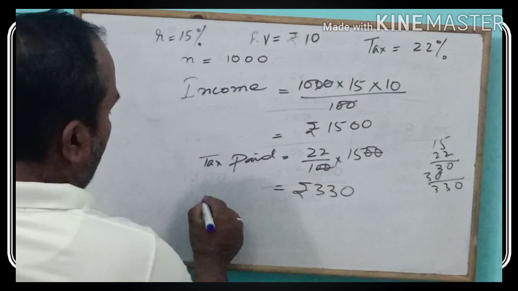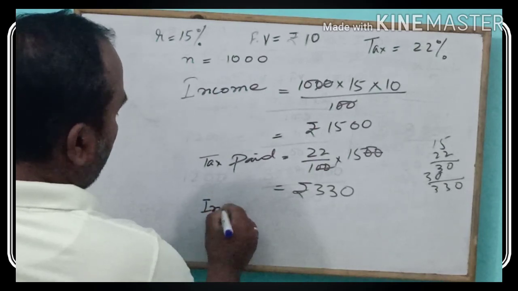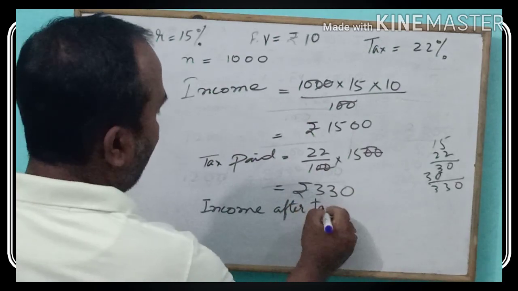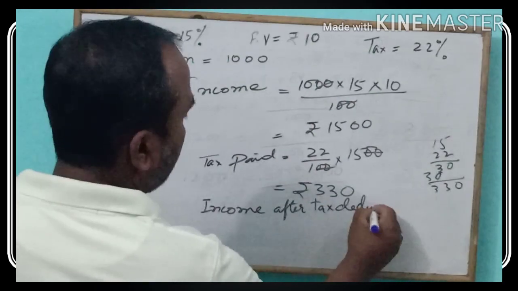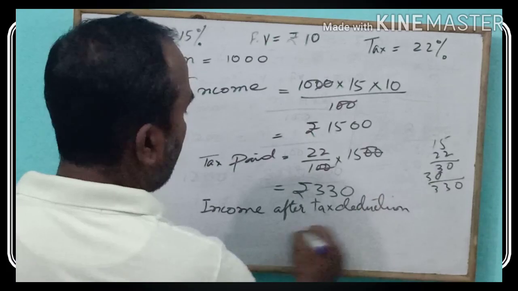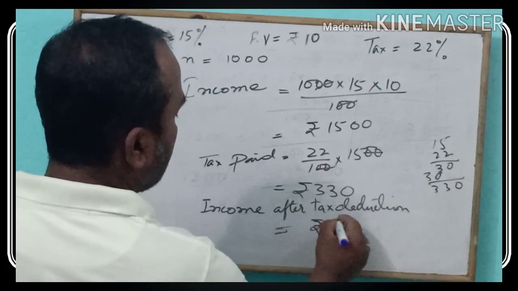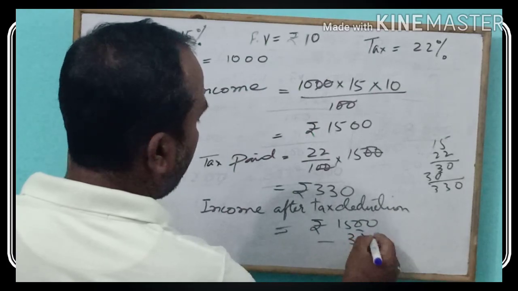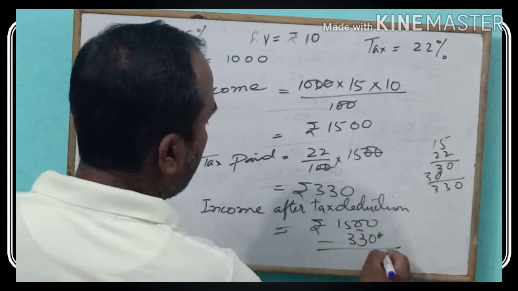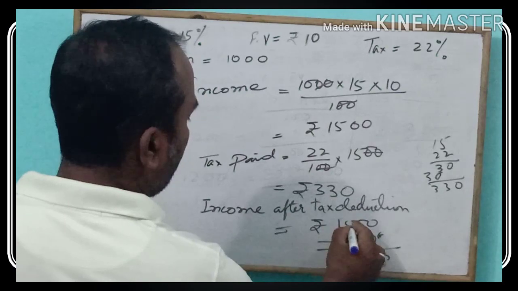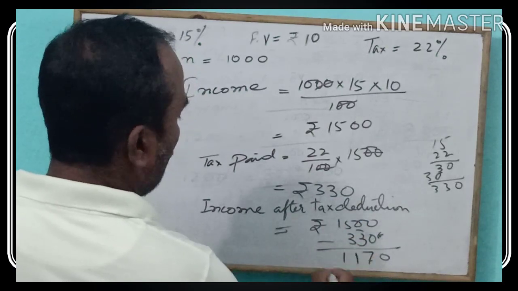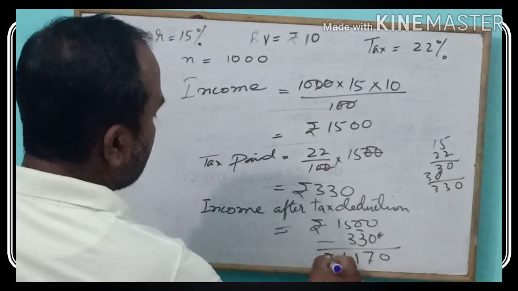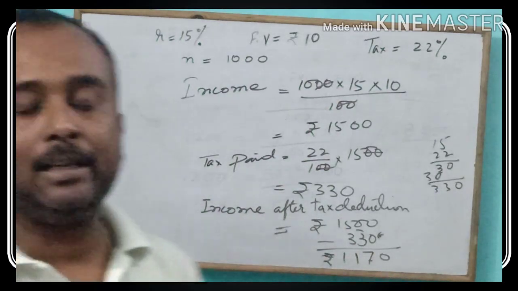So income after tax deduction is equal to rupees 1500 minus 330, that is rupees 1170.